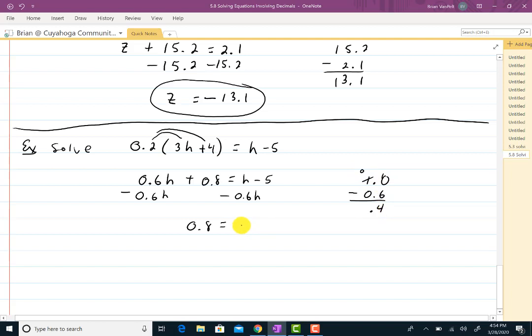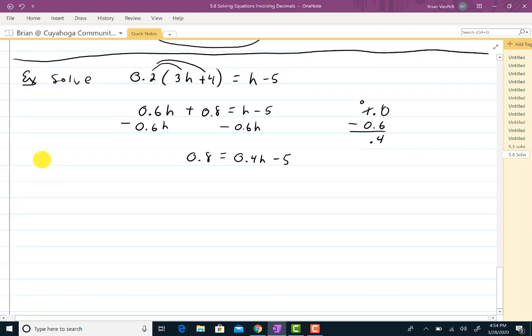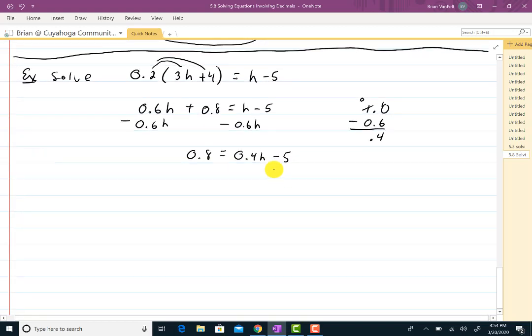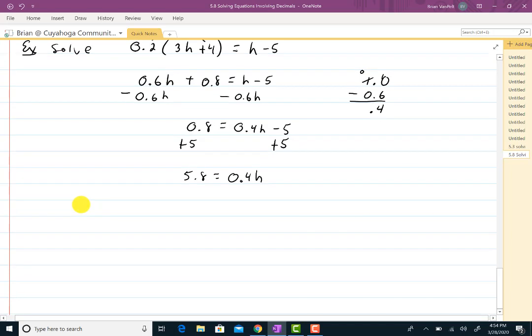And I end up with 0.4h minus 5. Let me add 5 to both sides. So I get 5.8 equals 0.4h. So what am I going to do next? I'm going to divide by 0.4.